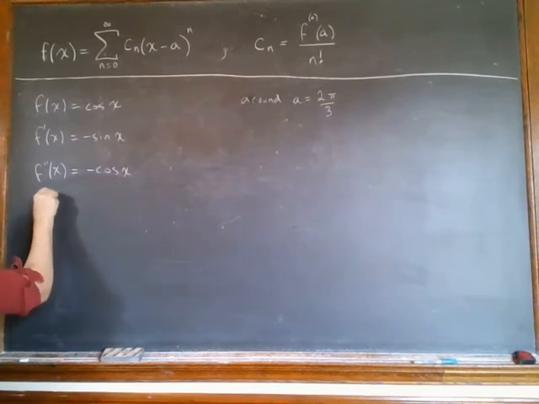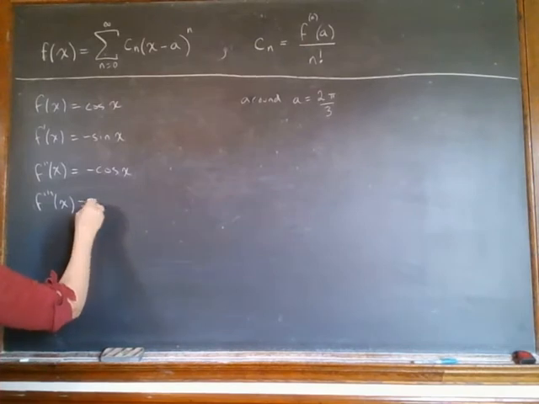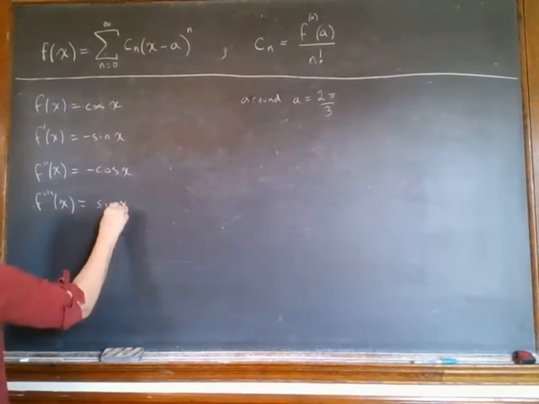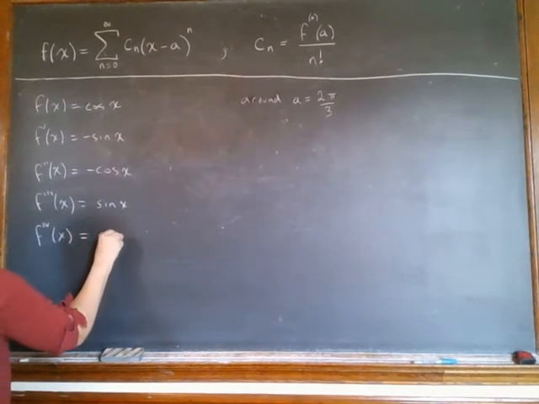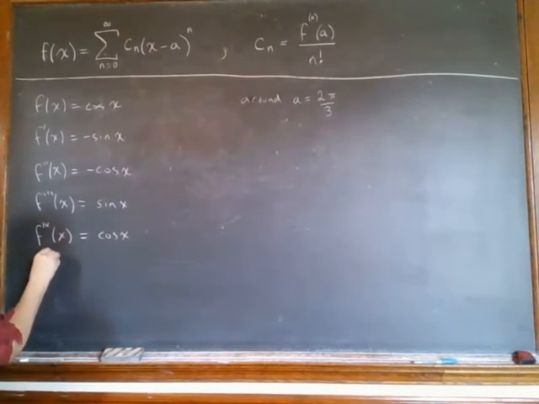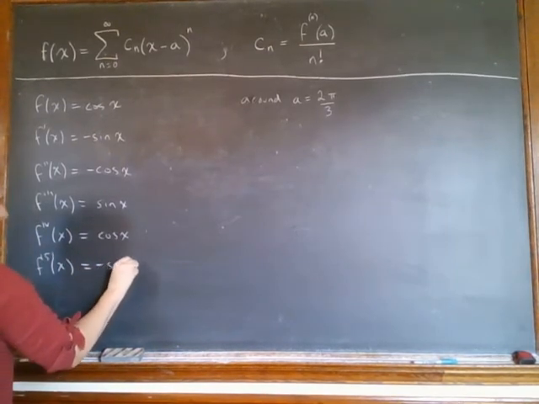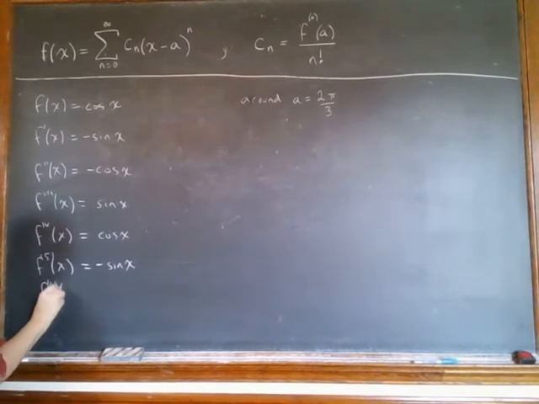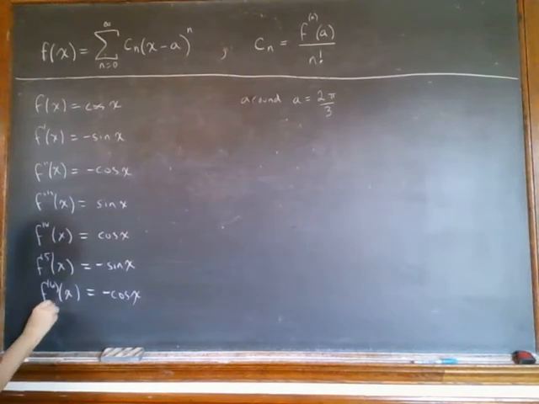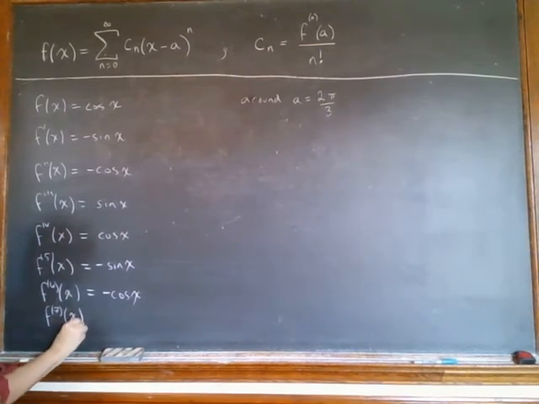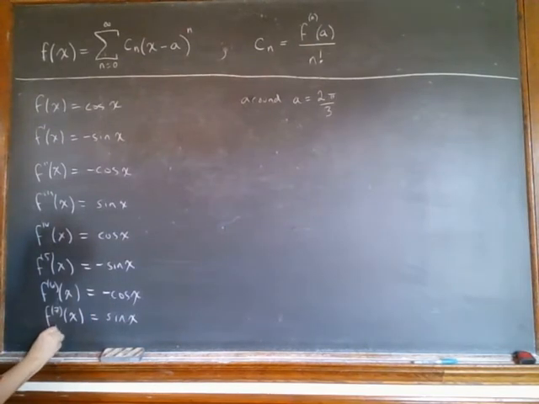And of course, these are the same derivatives that I had on the board the previous time, right? Because I'm just taking derivatives of the same function. So that part doesn't change, right? And I'm going to do all 8.